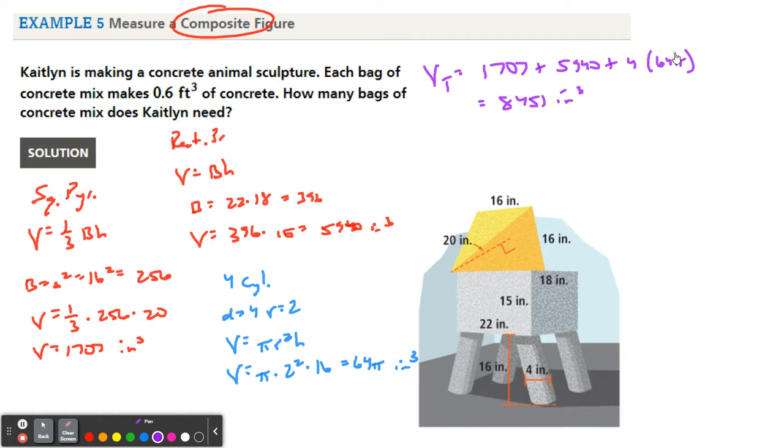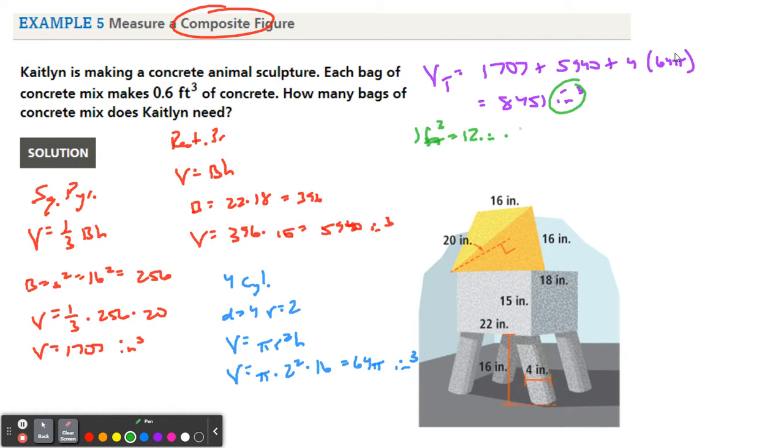It's okay. But now, we have to convert this into feet cubed first. Now, I want you to watch this carefully, right? Because a lot of you guys are having trouble with this. Yes, we all know that one foot is 12 inches. Sure. But you can't just use that as your conversion factor because we're in units cubed. So you have to do 1 foot cubed.